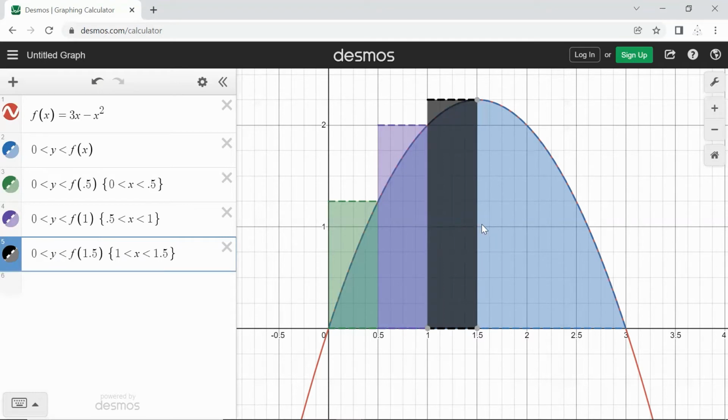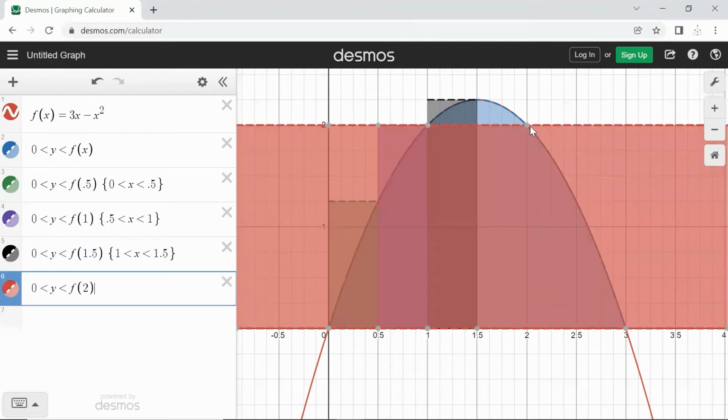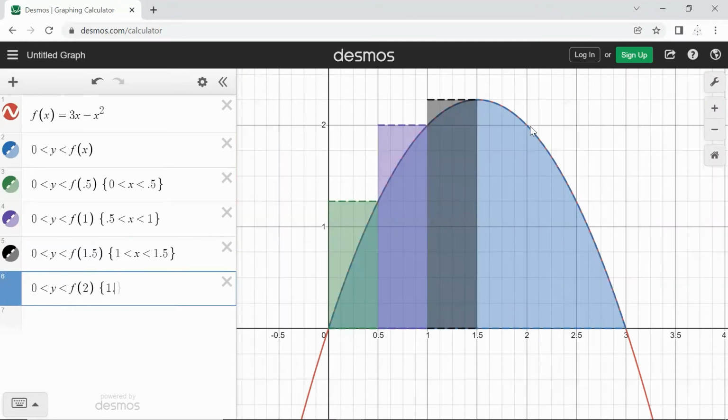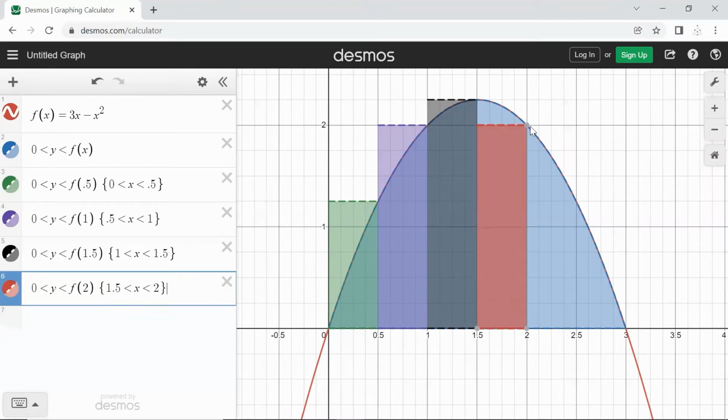The next rectangle is going to have a height of the function value when x is 2. So the height is going to go from 0 to whatever the output of the function is at f of 2, and the width goes from 1.5 up to 2. Notice that this red rectangle is an underestimate of the area under the curve in that region.